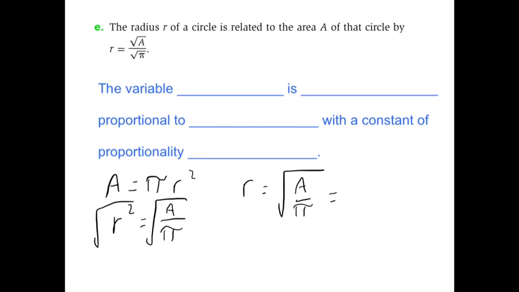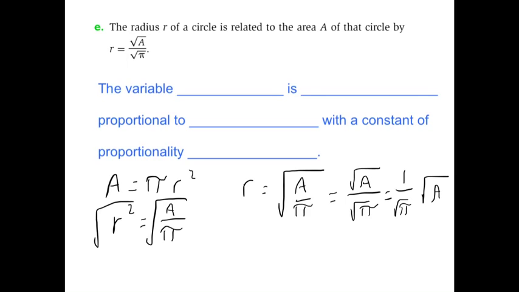By the laws of exponents, we can divide this up into the square root of A over the square root of pi, which could also be rewritten as 1 over the square root of pi times the square root of A.